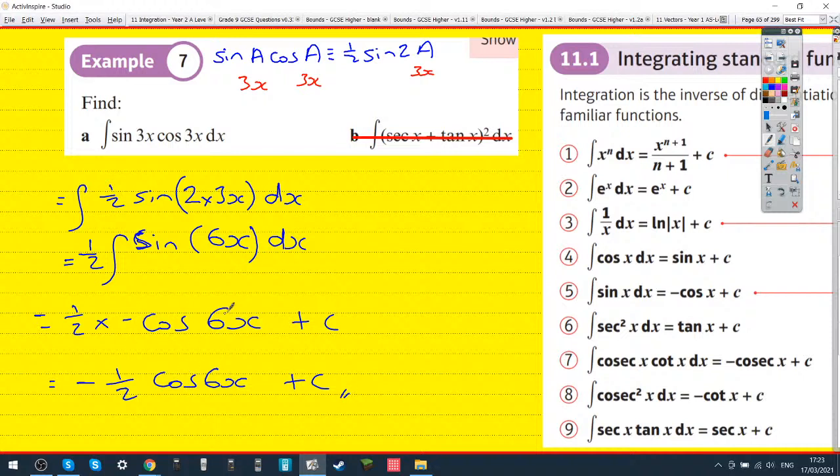So 6x is inside the function, can't multiply it by a half, just a half is the coefficient, the bit on the outside. So sine a cos a is a half sine 2a, and so sine 3x cos 3x is a half sine 2 3x, which is a half sine 6x. And then you go from there.